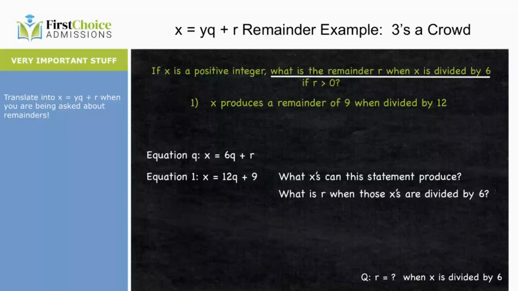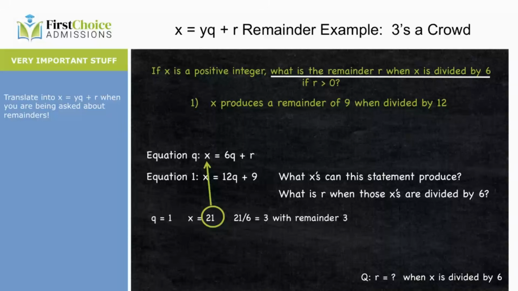So in equation 1, x equals 12q plus 9. If q equals 1, x is going to end up being 21. Let's plug 21 into our original equation: 21 divided by 6 gives us a remainder of 3.